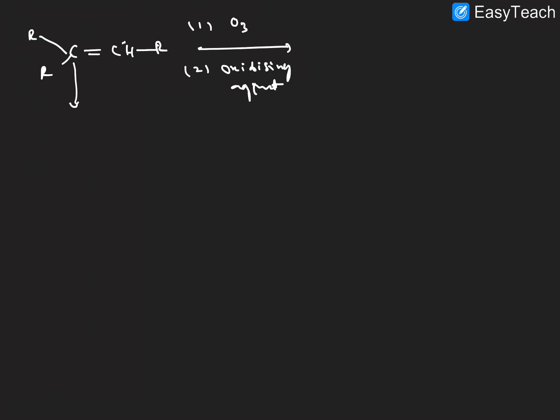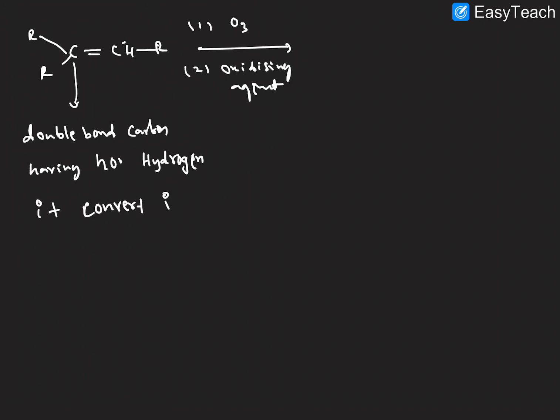So the important point here: a double bond carbon having no hydrogen converts into a keto group.